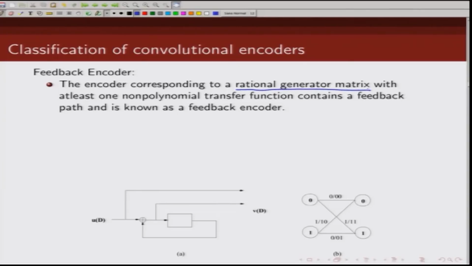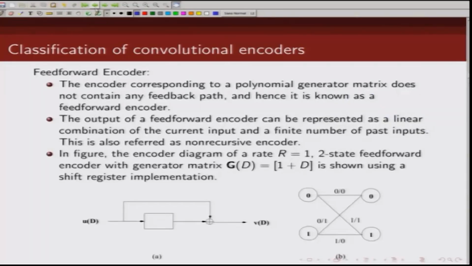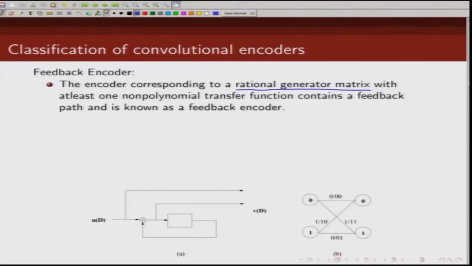Please note, for a feed forward encoder we had a polynomial generator matrix, whereas for a feedback encoder we have a rational generator matrix with at least one non-polynomial transfer function containing a feedback path from the output to the input.